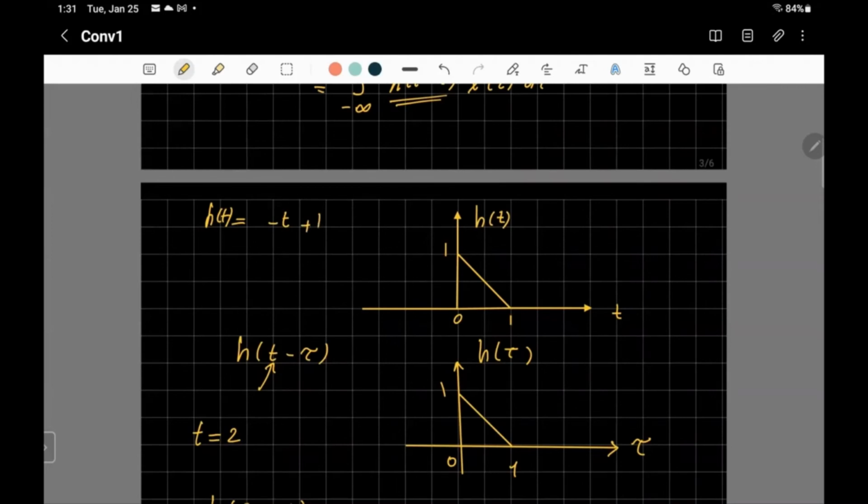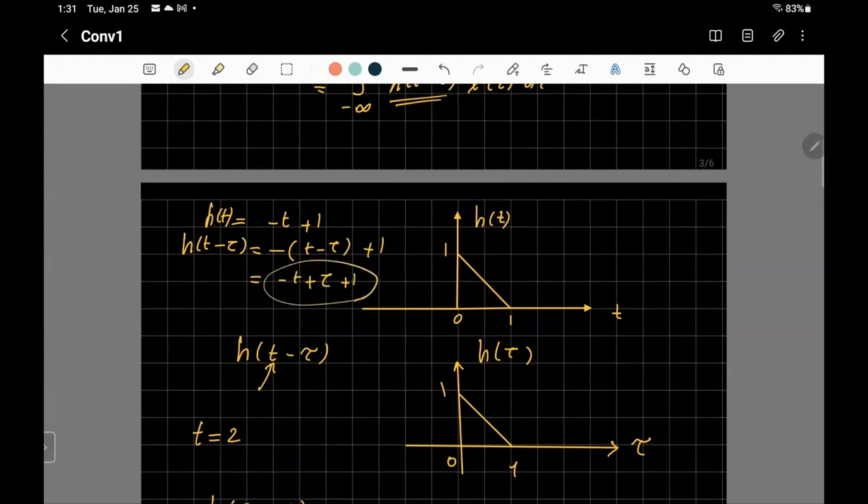I'm asking for the expression h of t minus tau. So what are you supposed to do? If you have h of t and I ask you to find h of 4, what will you do? You substitute t equal to 4. For h of t minus tau, substitute t by t minus tau. Minus (t minus tau) plus 1 will be equal to minus t plus tau plus 1.